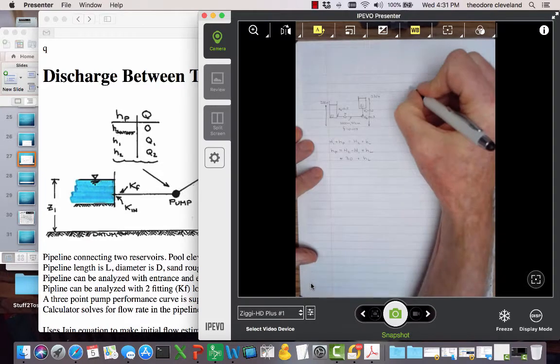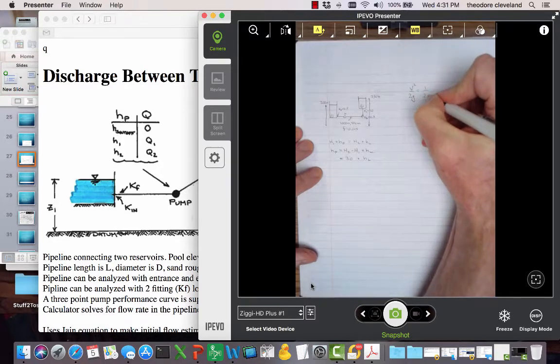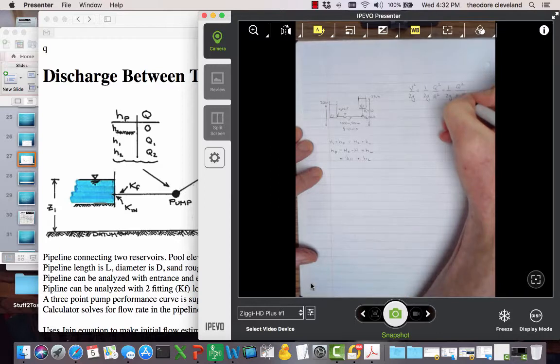Let's make a quick change: v squared over 2g is equal to 1 over 2g times Q squared over A squared, which equals 1 over 2g times Q squared. Now, A squared is pi d squared over 4, so we would go pi squared d to the 4th, and 4 squared is 16.